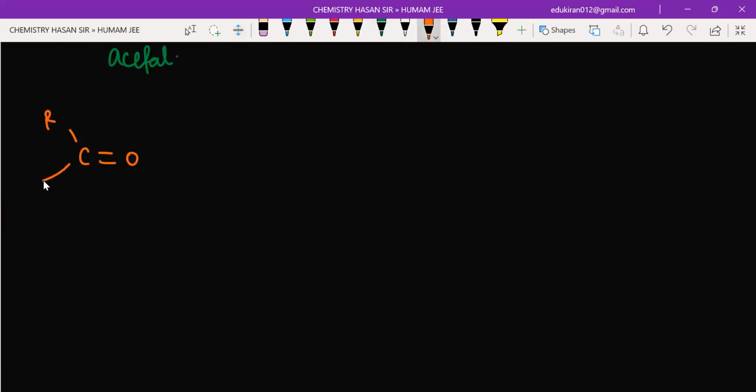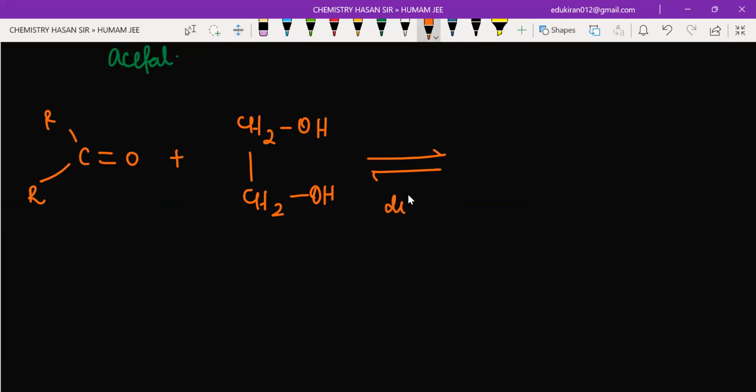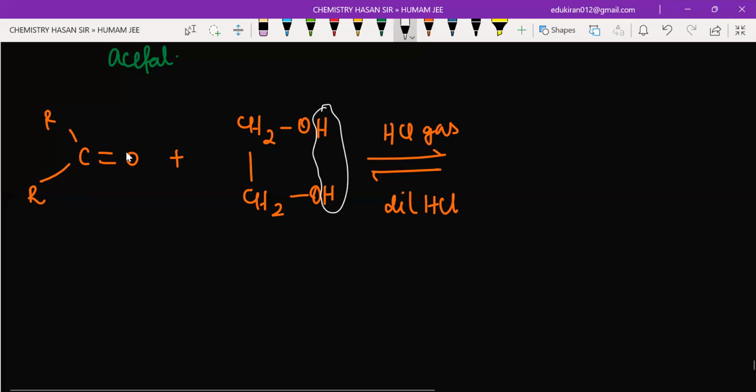Now see for the ketone, what it will be. So very simple it is. This is your ketone, you know that. And we are going to react this ketone with ethylene glycol. So this is your ethylene glycol. And this reaction is also carried out in dilute HCl and HCl gas. Now what you need to do, very simple, you just need to remove water, H2 from here like this.